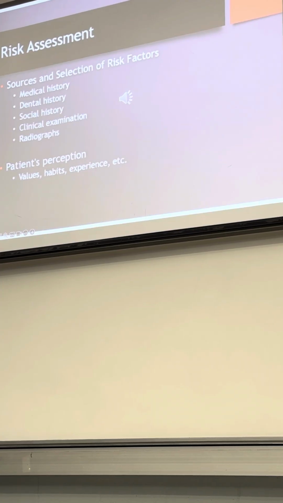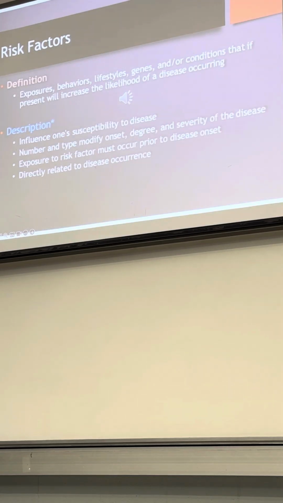And then of course it goes back to what we were talking about, again, the patient's perception and how that plays into their values, their habits, the different experiences that they have. All those things go into your risk assessment. So when we talk about risk factors, by definition, those can be any exposures, their behaviors, their lifestyle, genetics play a part into that, any systemic conditions that they have.